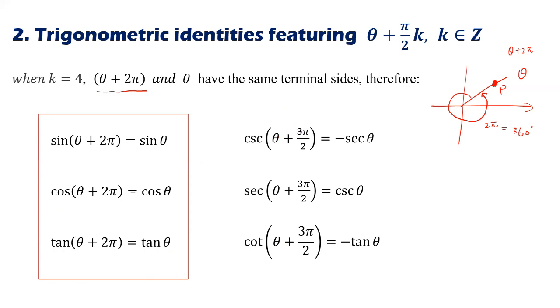Cosecant, sorry, there's a typo, I have to make the correction here. Cosecant of theta plus 2 pi is actually cosecant theta. Secant of theta plus 2 pi is actually secant theta, right? And cotangent of theta plus 2 pi equals cotangent theta, right?